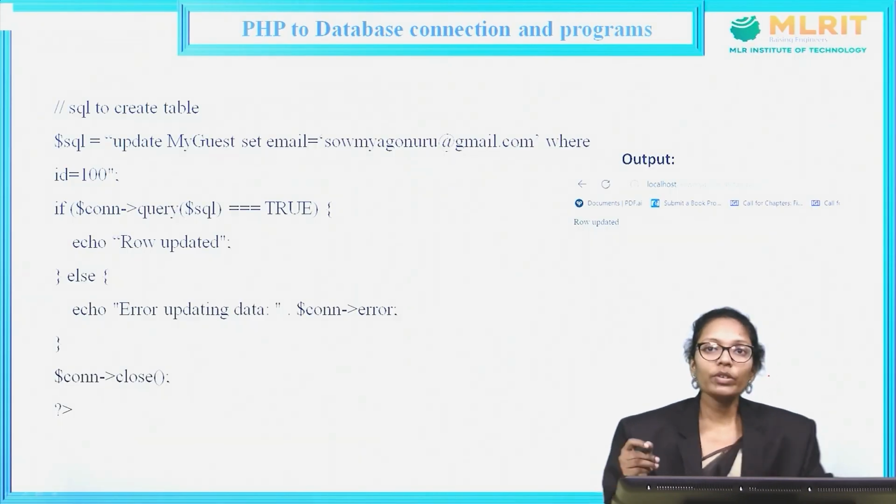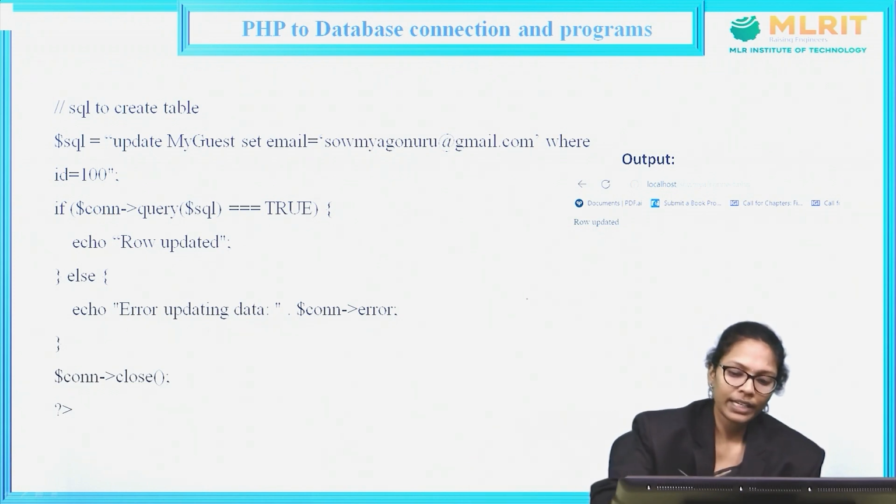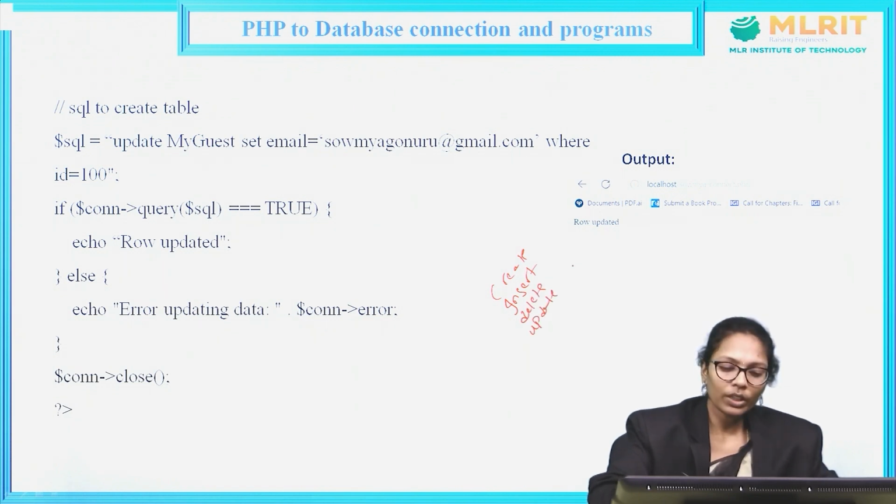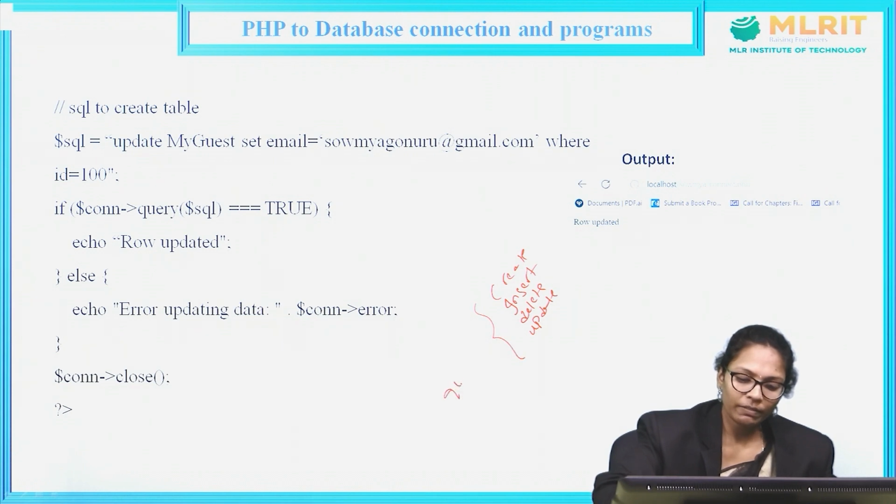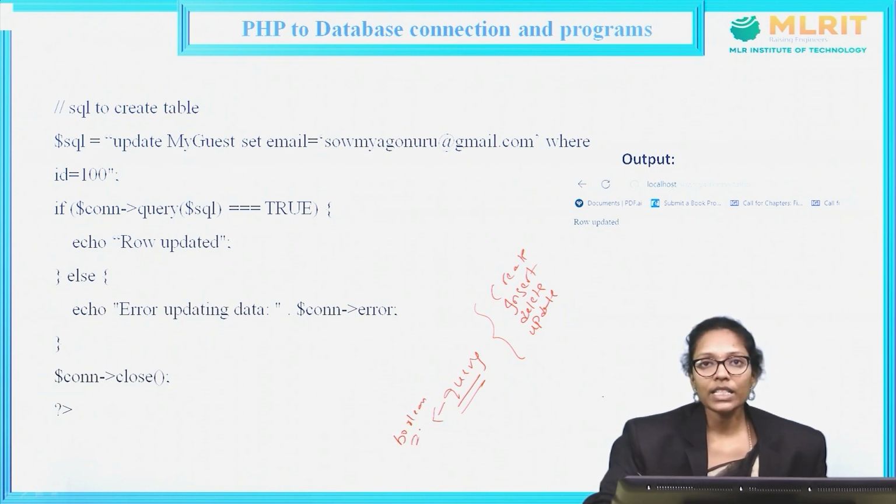So till now we discussed different operations like create, insert, delete and update. For all these queries, we have used only one function called query to execute them, and this query function is returning a boolean value. Why is it returning a boolean value?